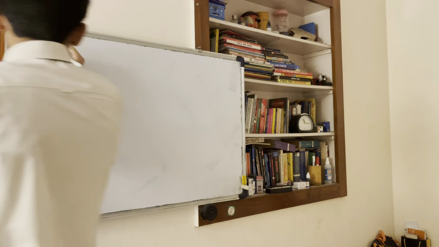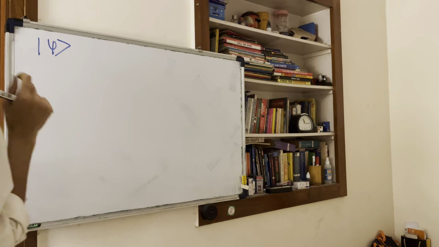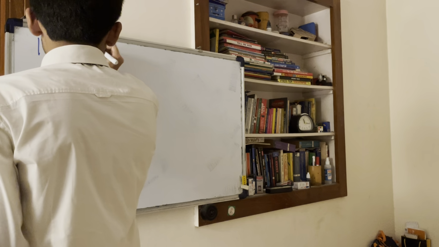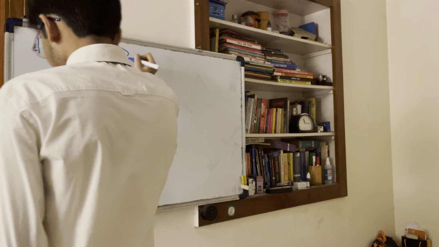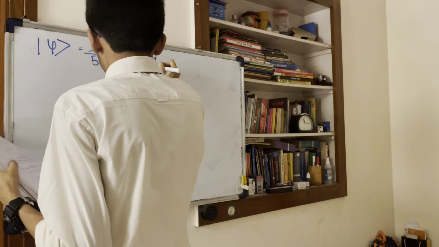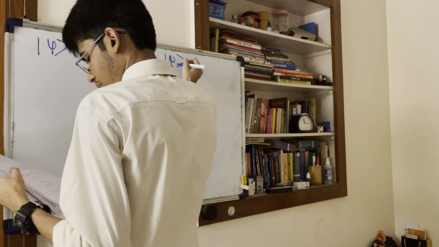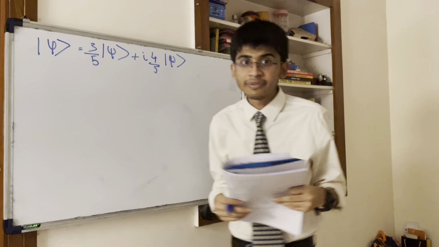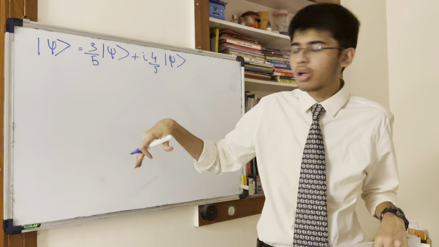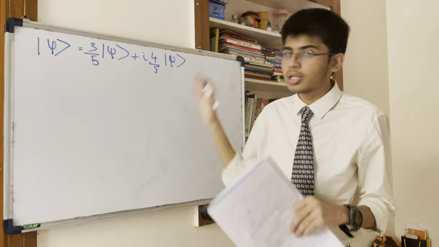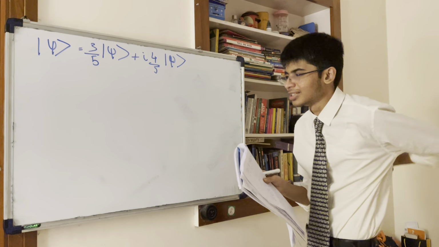Okay, so let's take a given quantum state. This part is called the state. We're given a quantum state: 3 by 5 plus i times 4 by 5. Now let's say I've been asked to find the probabilities of spin up along x, spin up along y, spin up along z, spin down along x, spin down along y, and spin down along z. So all the possible spin properties along all three axes.